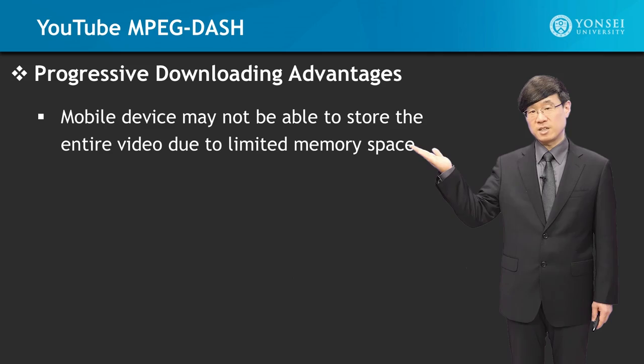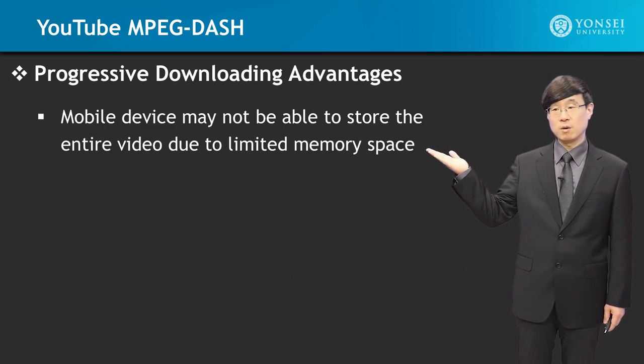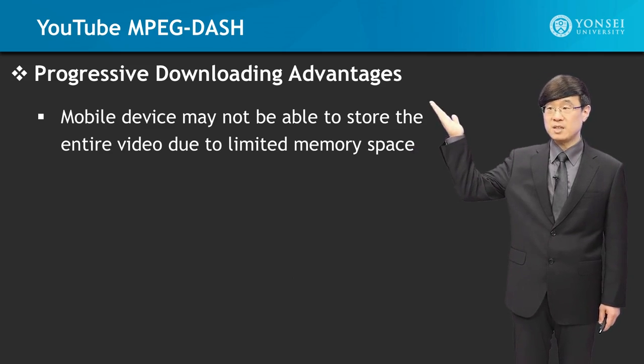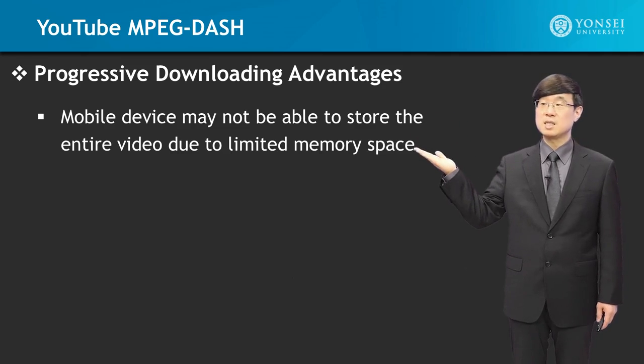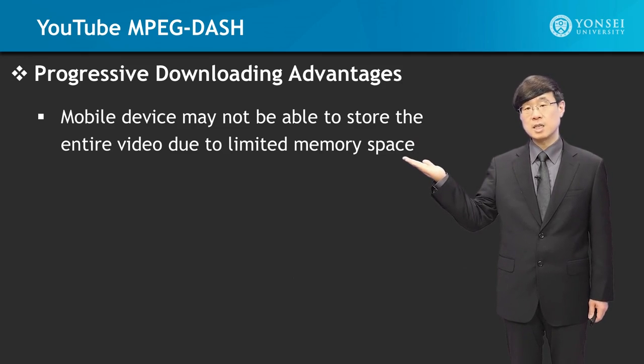Progressive downloading advantages. A mobile device may not be able to store the entire video due to limited memory space. In this case, progressive downloading is nice because if you do not have enough space, a full download requirement would prevent you from actually viewing the video.